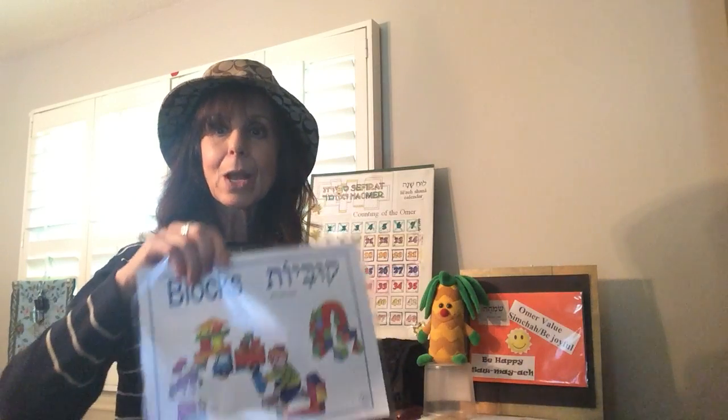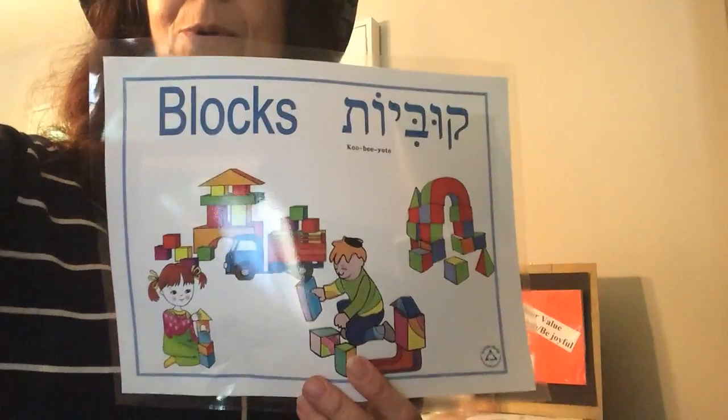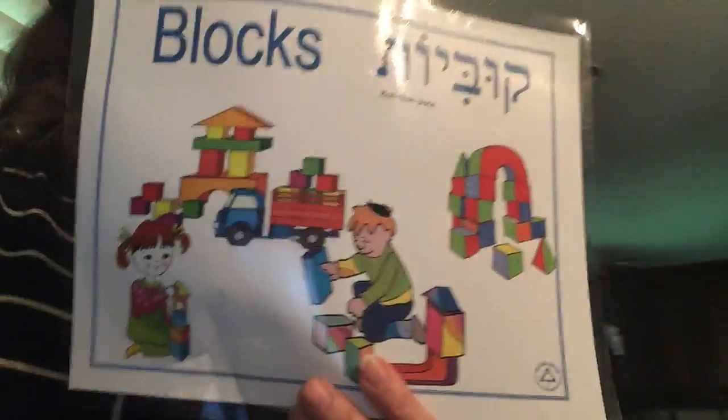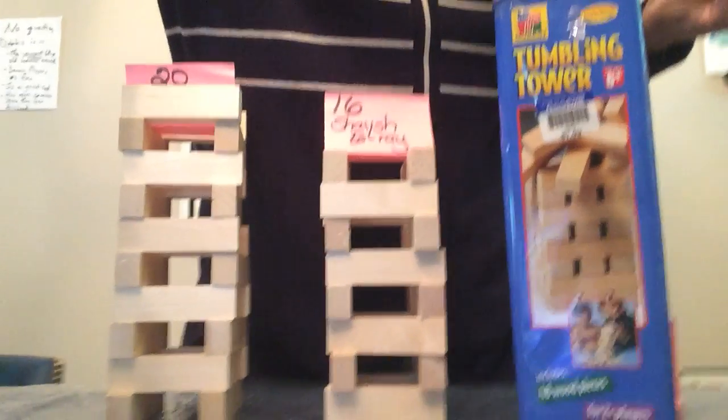This is wonderful. And next, because it's an even day, we are going to go and do our Kubiyot. So I'm going to take my wonderful blocks sign. I'm going to set it up over here so you can see everything.